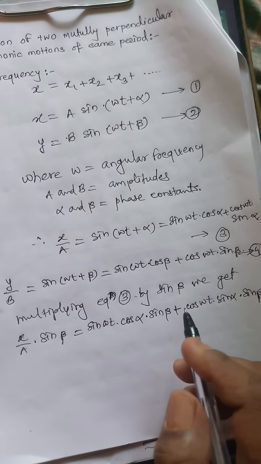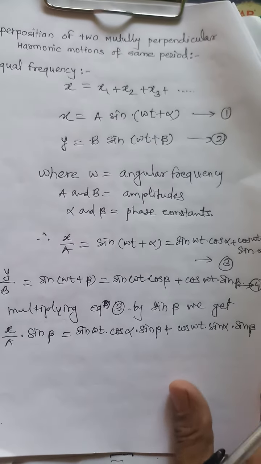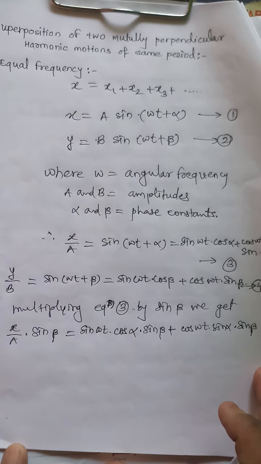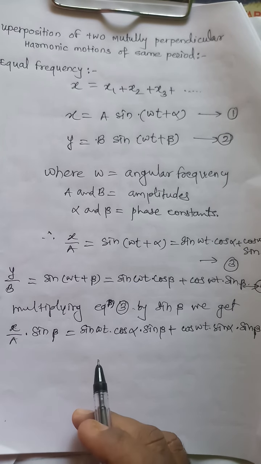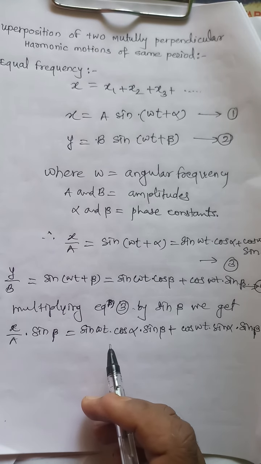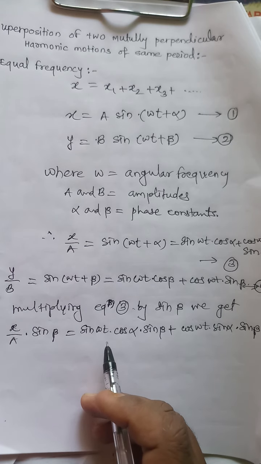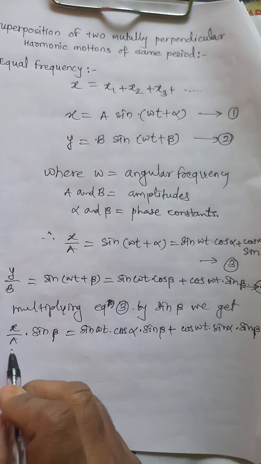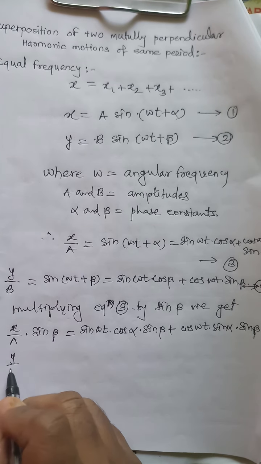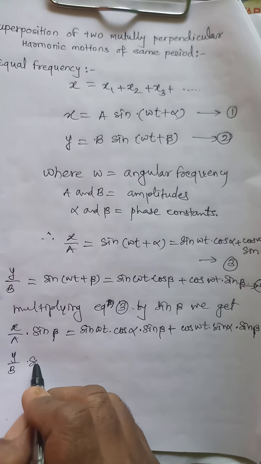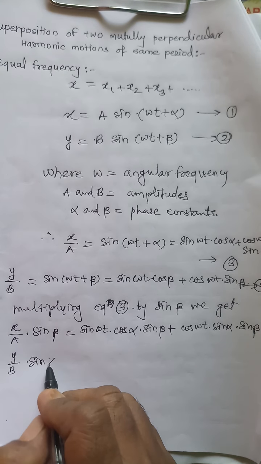Here we multiplied equation number 3 by sin of beta, and similarly we can multiply equation 4 by sin of alpha.